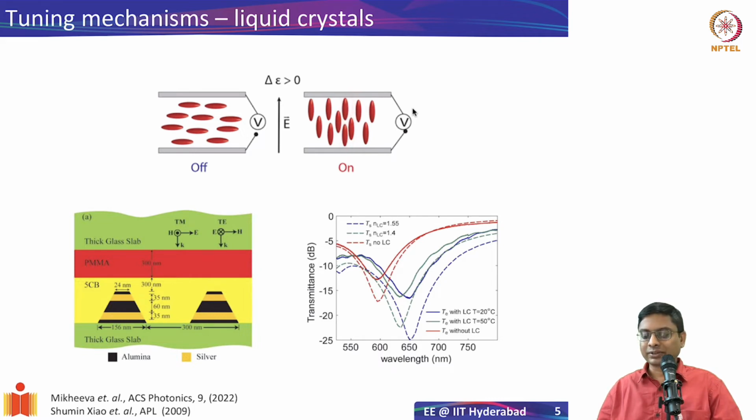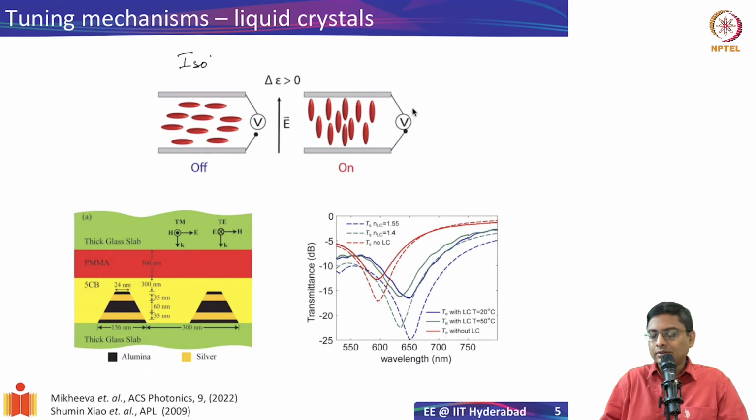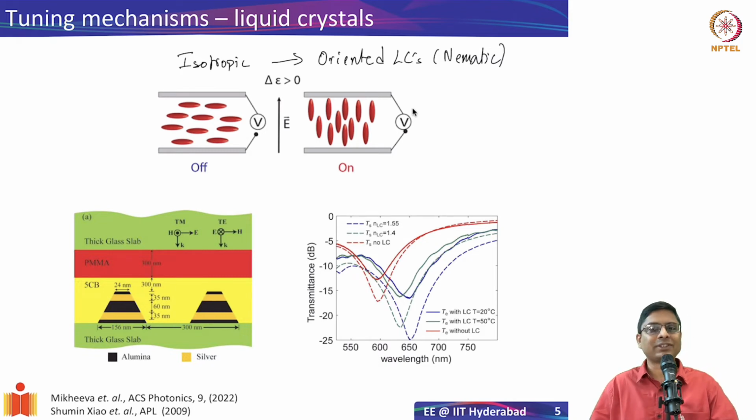When you don't apply any voltage, this figure is slightly misleading, but in general they tend to be randomly oriented, so you can have an isotropic phase, and that can go to oriented liquid crystals. This is called a nematic phase in the community. Nematic liquid crystals, NLCs, they call them.